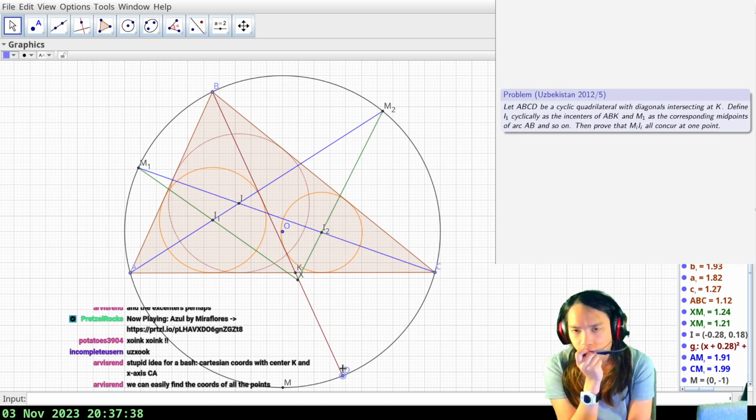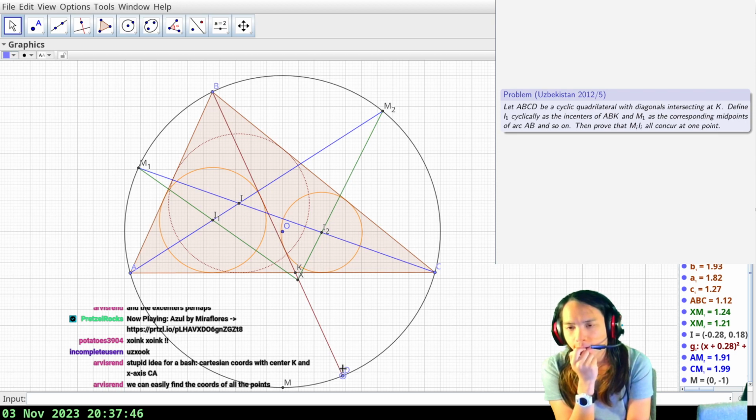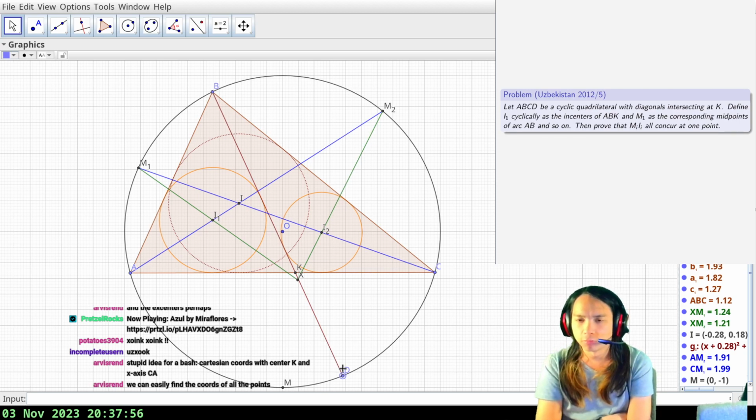So I fix K. Why is O involved? Why does O play any role in here?